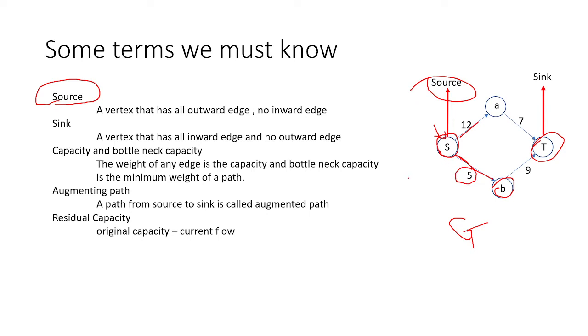And we have to understand what bottleneck capacity is. A bottleneck capacity is the minimum weight along a path. Let us assume there is a path from source to sink.